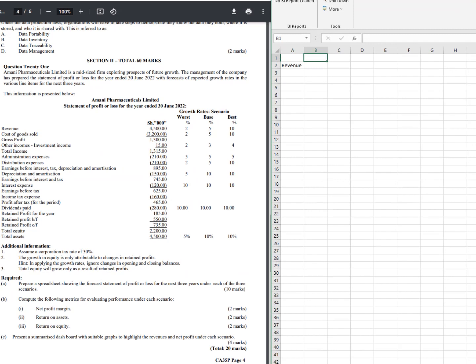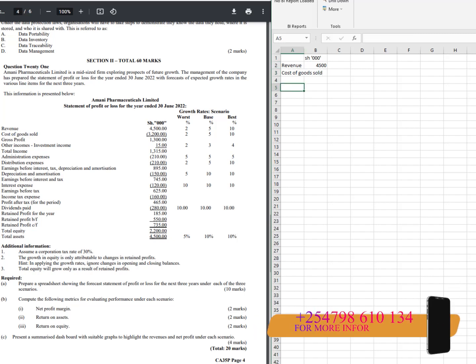And then on this side, we shall show that this revenue is represented in thousands of shillings. So we type that. We have cost of goods sold.